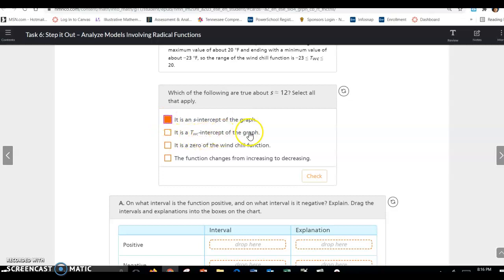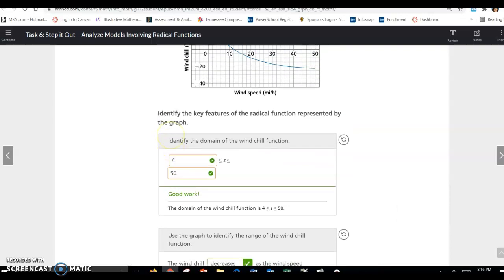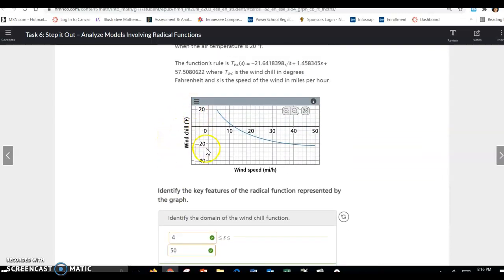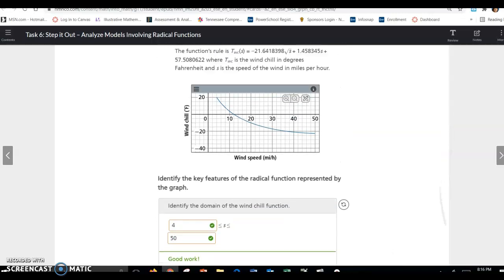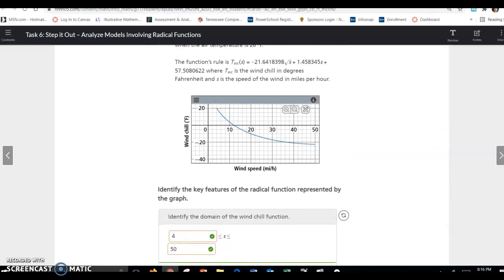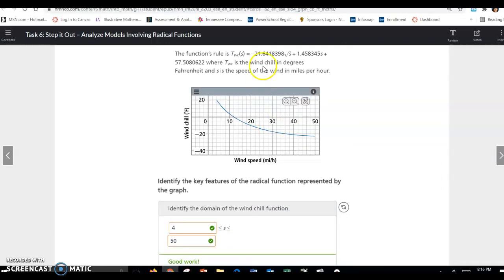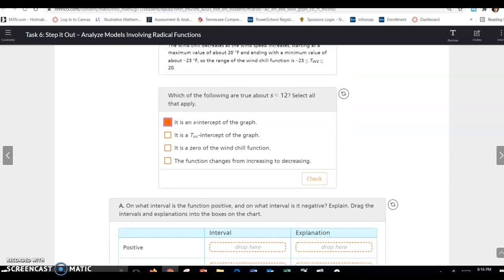It's a TWC intercept. That should be this side here, and this one is your speed. It says up here too, TWC is the wind chill in degrees, S is the speed of the wind.